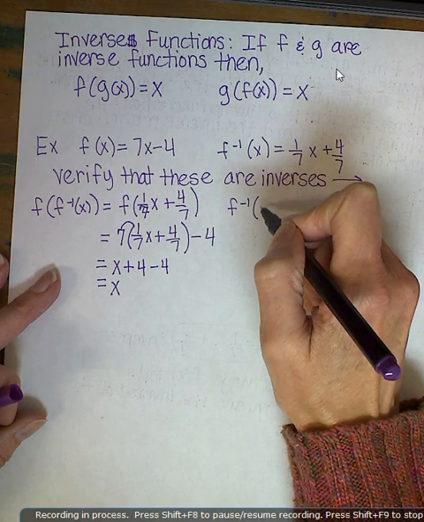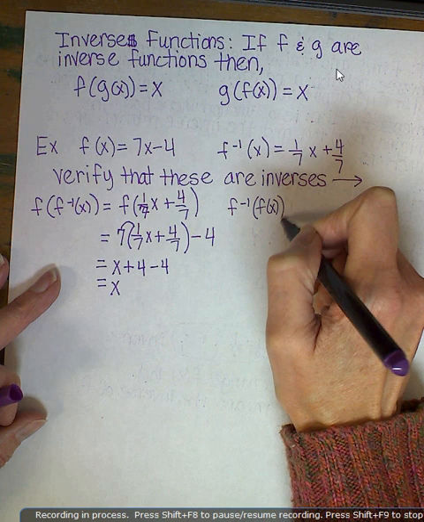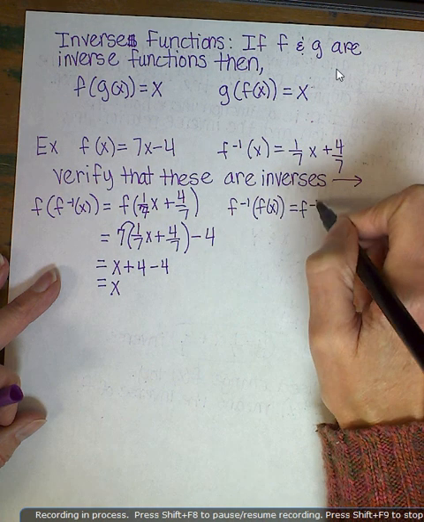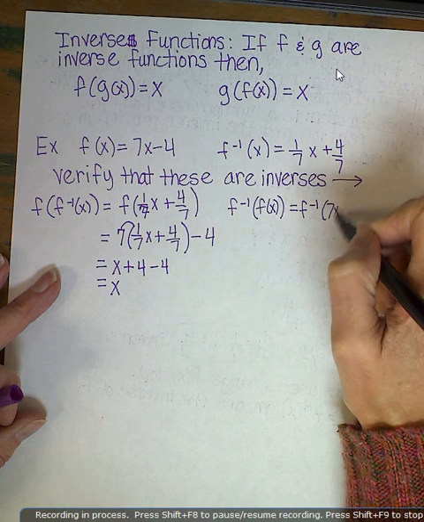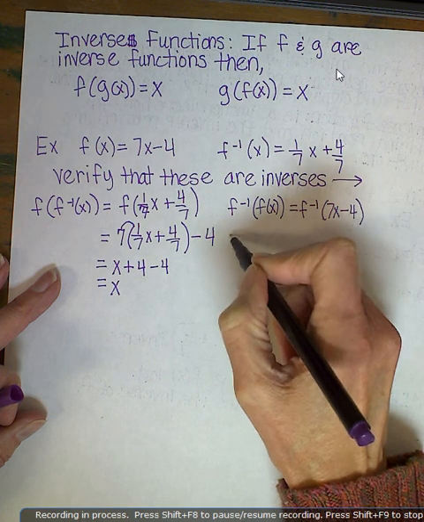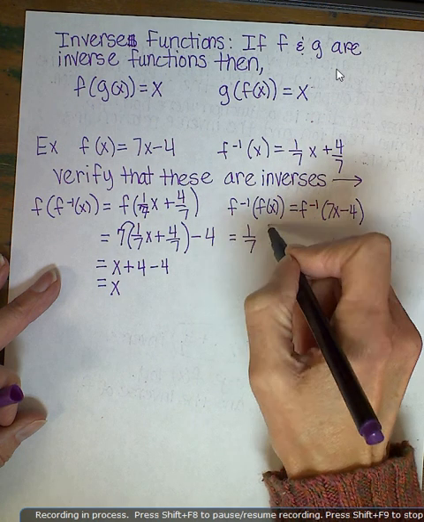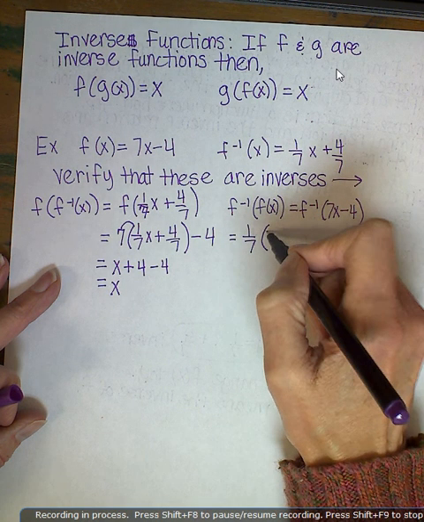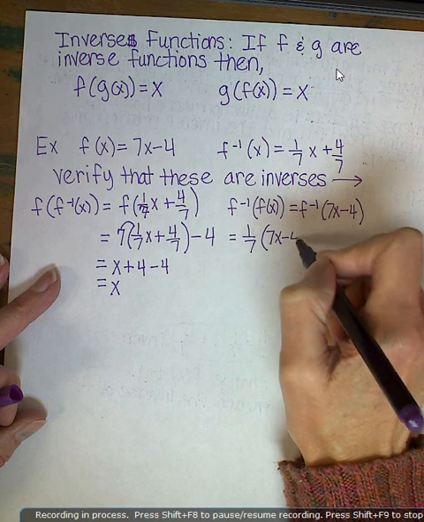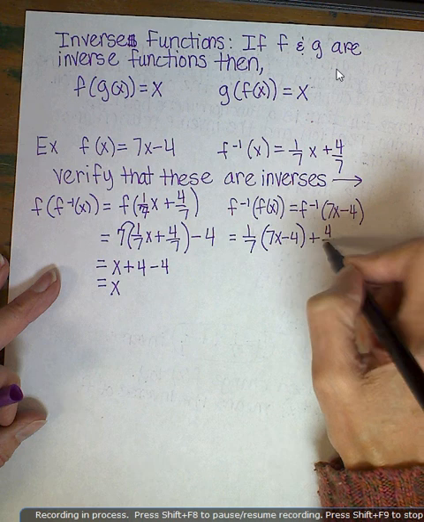So what if I plug in the original function inside the inverse now? You can do it either way, and it'll come out to be x. Okay? So on my inverse, I have a 1/7, and then I'm going to plug in my original function, and then I still need to add the 4/7.